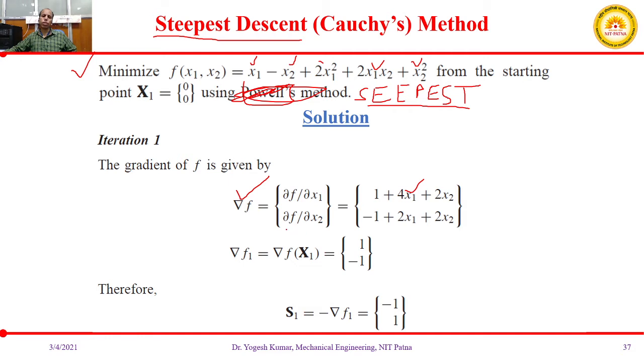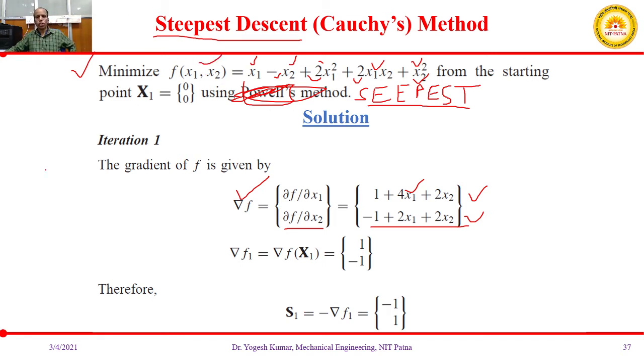Similarly, we take the partial derivative with respect to x2: this will be minus 1, this will become 0, this will become 2x1, and this will become 2x2. This is the gradient of the given function.